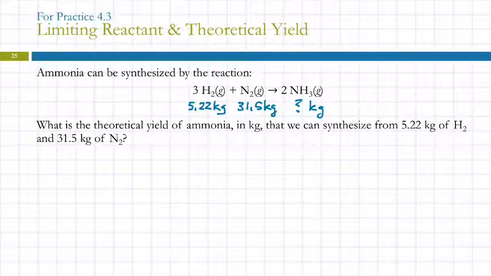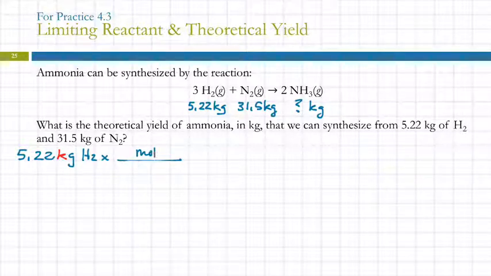So I'm going to start here with 5.22 kilograms of hydrogen. And I put the kilo in red because I just want to ignore it for a while. So we're going to go grams to moles to grams.